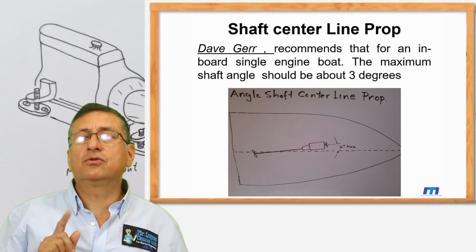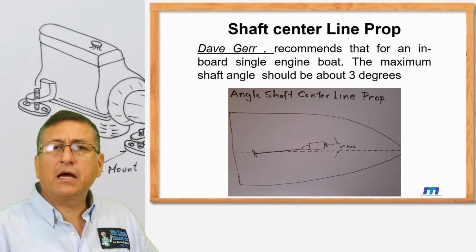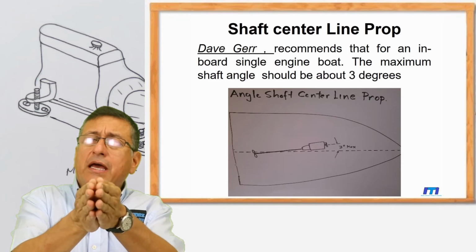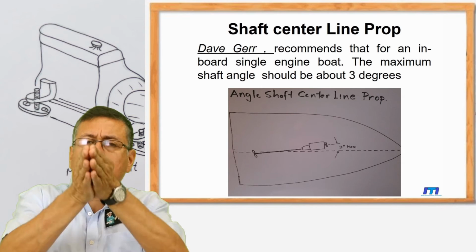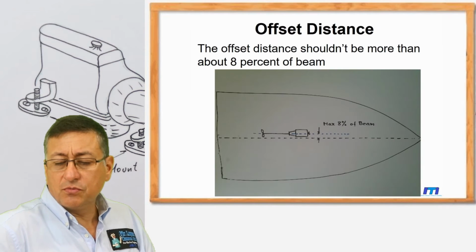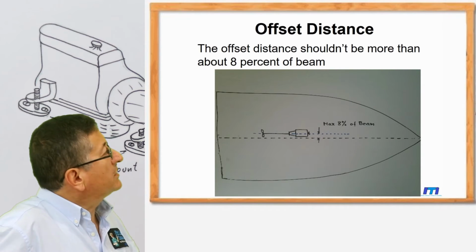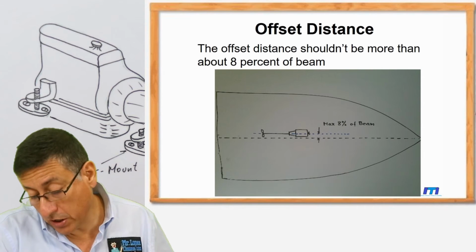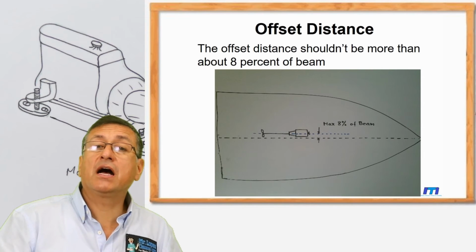And what about whether the engine should be located parallel with the axis, exactly on the axis, or a little offset? The offset distance should be no more than 8% of the beam. No more than 8%. Okay. What happens if I have two engines?